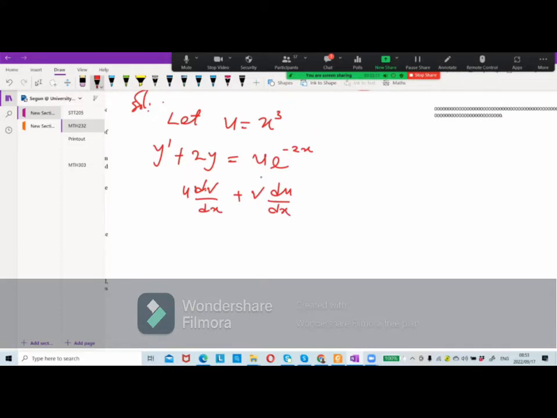So anything can be your u, anything can be your v. It depends on the problem you are solving. Let's say we said, let u equal u and v equal exponential minus 2x. If I want to find du dx, how do I solve it?